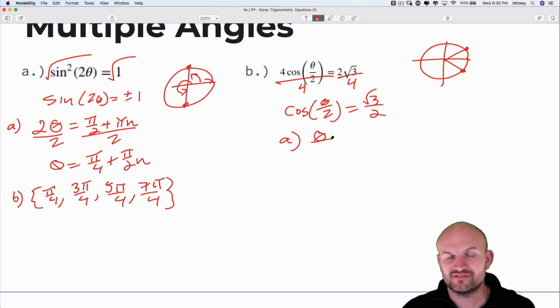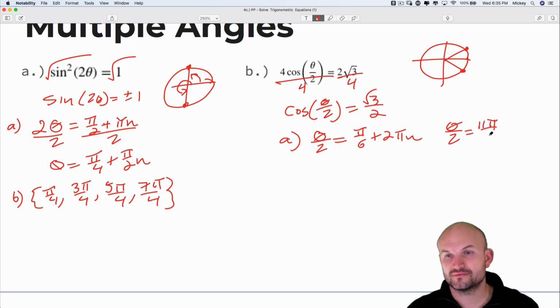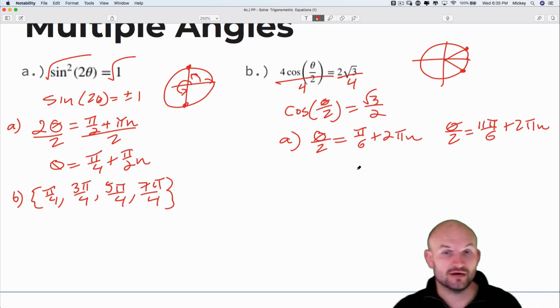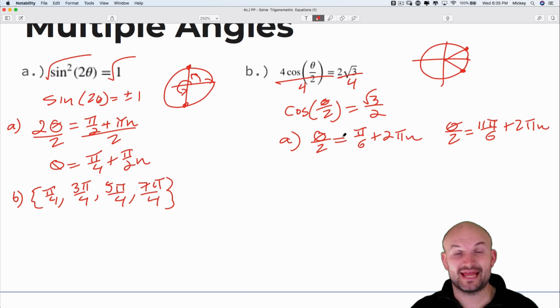So I'll say theta divided by 2 equals, let's see, that's going to be pi over 6 plus 2 pi n. And then I have theta divided by 2 equals 11 pi over 6 plus 2 pi n. Okay, now, again, to solve for theta, I'm just going to multiply everything times 2.